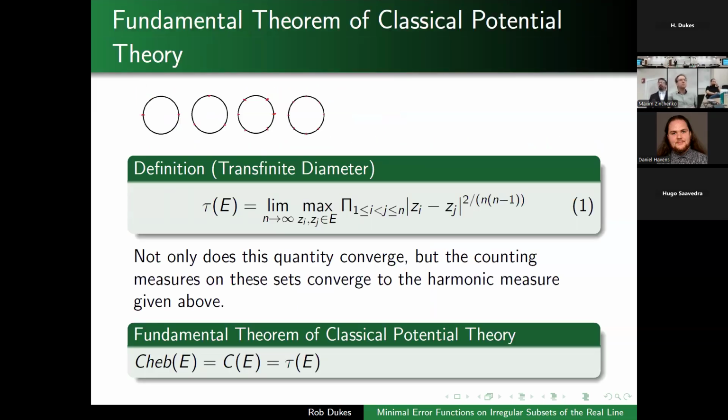So I'm going to give a really quick rundown of what the fundamental theorem of classical potential theory says. This is not the only way to derive it, but it's a nice, physically intuitive way. You have a pen, and you put a bunch of marbles in it that all have the same charge, so they will push each other away. How far away will they push each other?